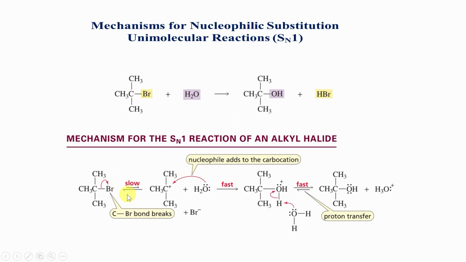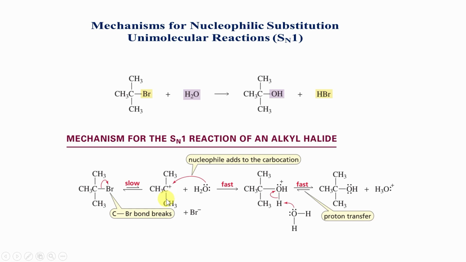First of all, heterolysis of the carbon halogen bond takes place in the rate determining step. That means in the rate determining step, only this substrate molecule, tertiary butyl bromide or any tertiary alkyl halide, is involved, and the carbon halogen bond breaks to form a more stable carbocation in the slow rate determining step.